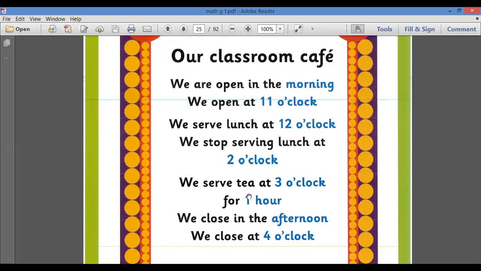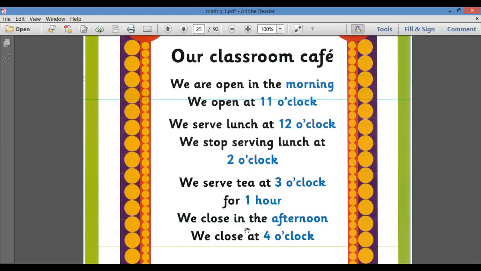So we close the lunch at 2 o'clock and we will serve tea at 3 o'clock for 1 hour, from 3 o'clock to 4 o'clock. You can come and drink tea.